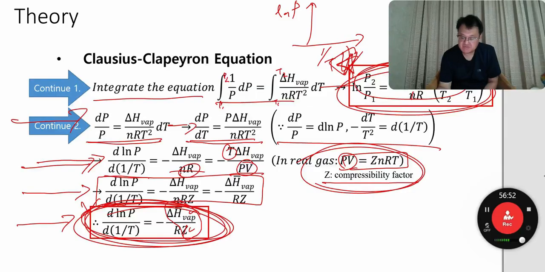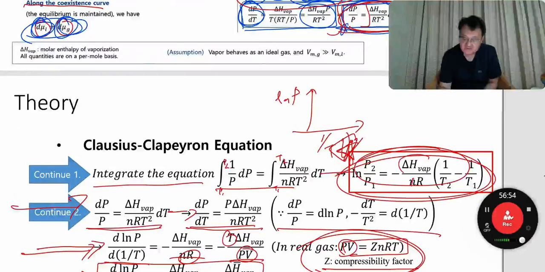So in general chemistry, we just considered this as a constant without considering any compressibility factor. As a matter of fact, delta HVAP is not a constant, it changes as a function of temperature, but the Z compressibility factor also changes as a function of temperature.